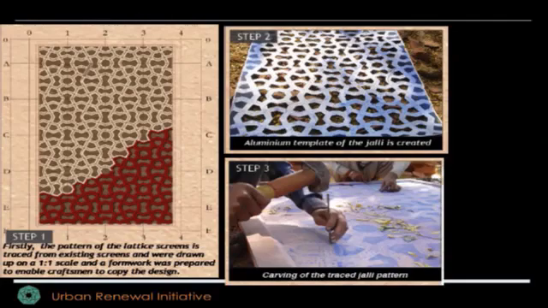It's amazing that some of these patterns, and a whole PhD is written on this, of how did a craftsman do it. Today it's very simple. We take a computer, scan the pattern, take a printout, and print it out on an aluminium sheet. There are holes in that. We put in a die, and the craftsmen follow that pattern and carve out the jali using hand tools.